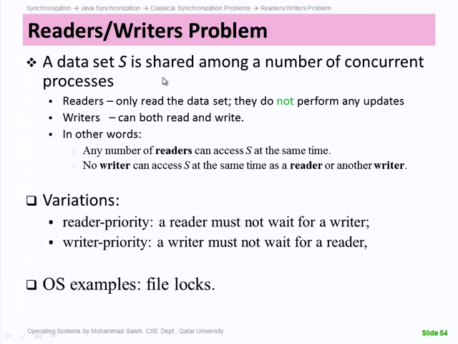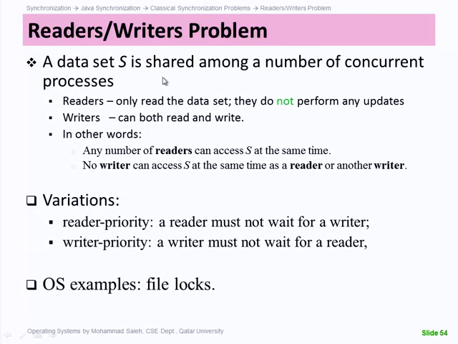No problem with them to be active at the same time. However, we only want to allow one writer to be active at a given time without any other writers or any readers. So if you have one writer active, no readers, no writers are active except that writer. But if you have one reader active, then we should not allow writers to be active, but we can allow readers to be active.